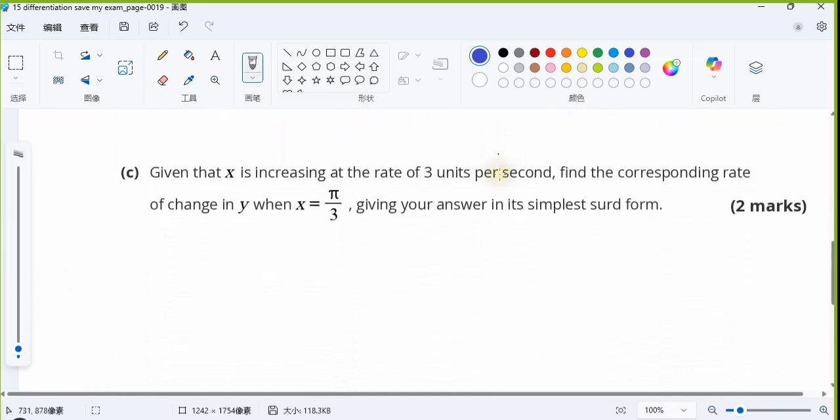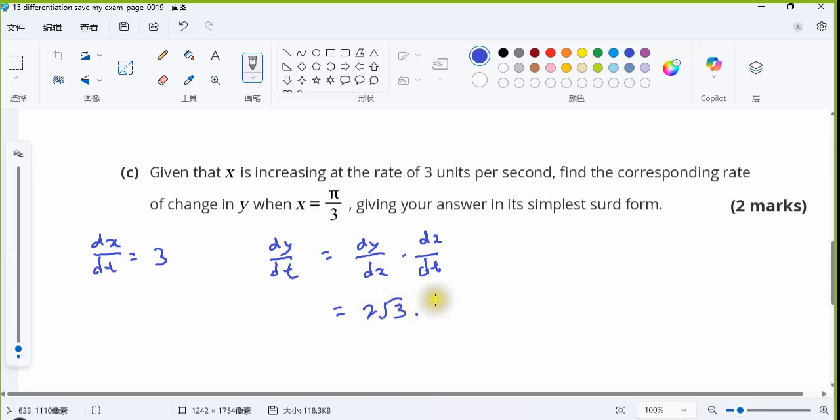So x increase at the rate, so we have the dx dt is 3. So we want to find dy dt. So dy dt is dy dx times dx dt. So this is 2 square root 3 times 3. So this is the 6 square root 3. Okay.